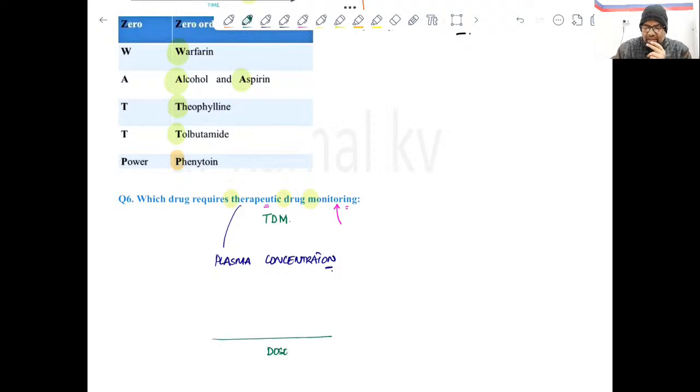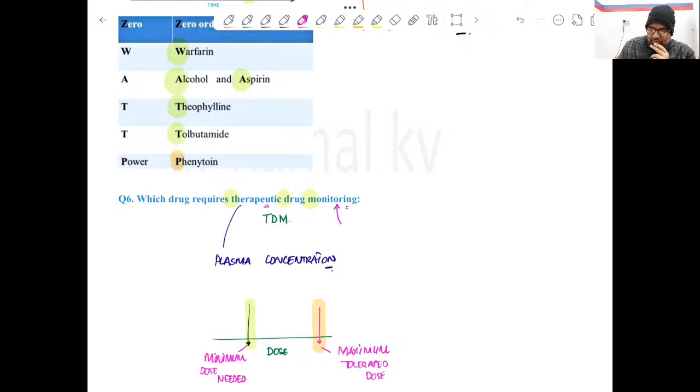Say the dose axis: on the left side of the dose, this is the minimum amount of drug that is needed to produce effect, right? And on the right side, this is the maximum amount of drug that can be tolerated, right? So maximum tolerated dose and minimum dose needed for effects.